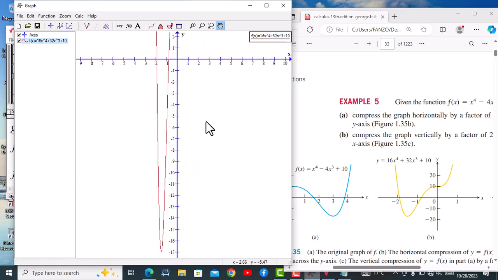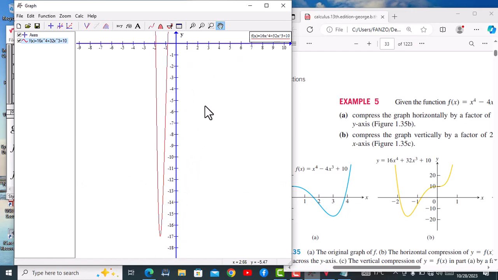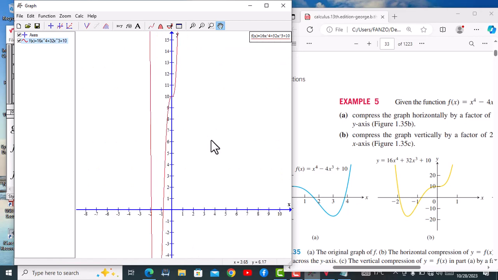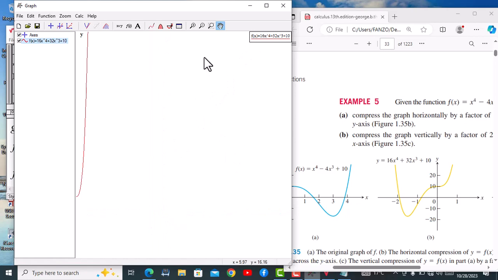Right, and I'm going to draw that function, and this is the function that we have. Okay, that is fine. This is just a function.